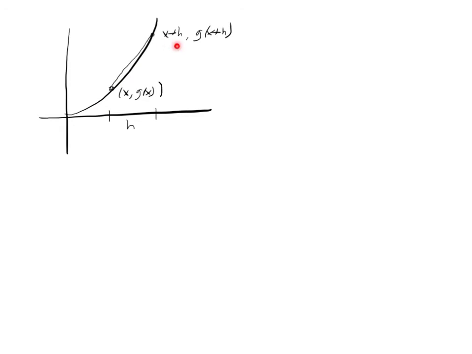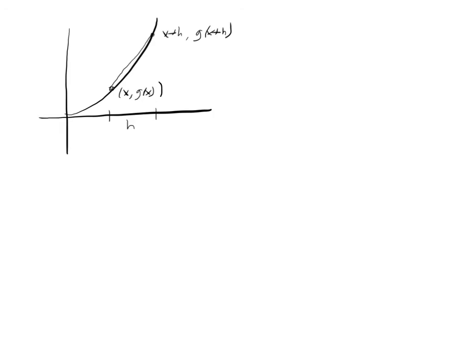The closer that the point x plus h gets to x, viewing that as a limit, it's as h heads to 0, as h gets smaller and smaller, x plus h will approach x, and g(x plus h) will approach g(x). Indeed, as h goes to 0, it's going to pull this point right toward (x, g(x)).